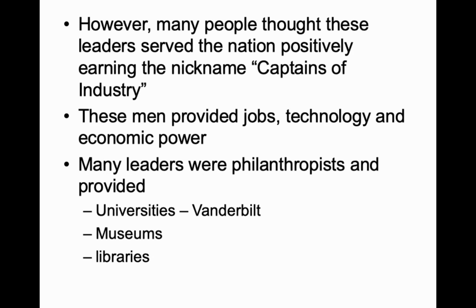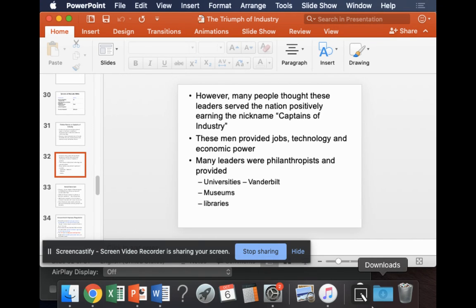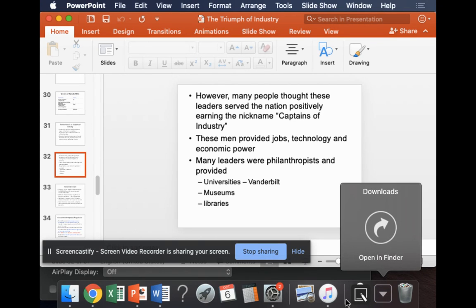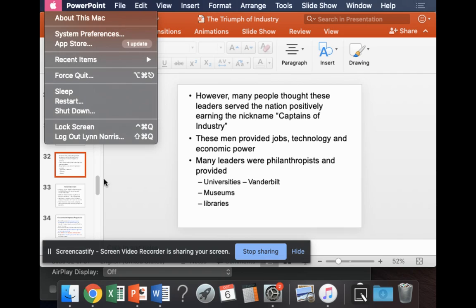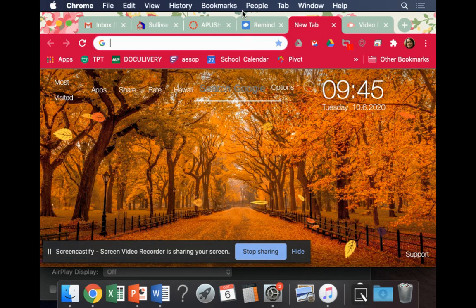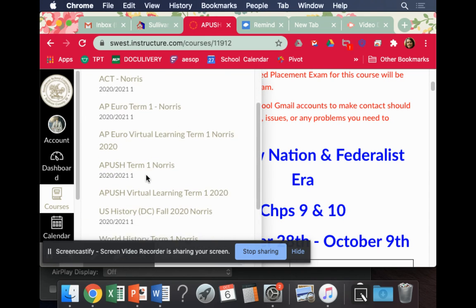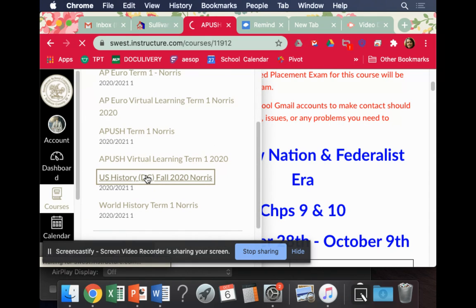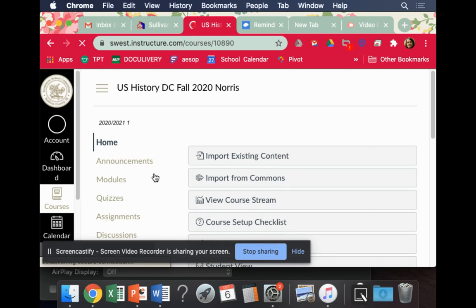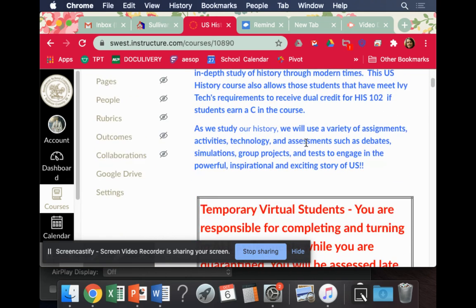So if we look at Canvas and open up our assignment, shoot, where are we at? And it is one of our first things that we're going to do with documents.